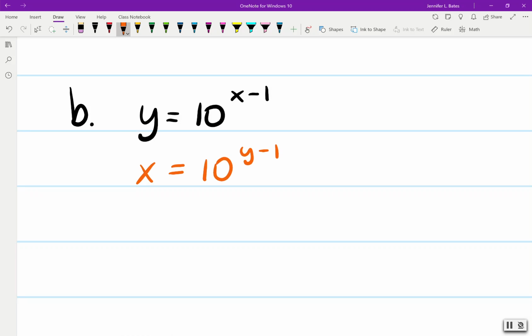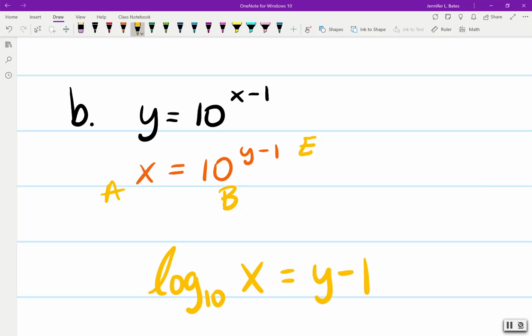Now I need to solve for y. The y is trapped as an exponent. Because it's trapped as an exponent, I'm going to have to change forms. In exponential form, I have a base raised to an exponent equal to an answer. So when I switch to a log, I'm just unscrambling this to be in the order BAE. So this is going to be log base 10 of x is equal to y minus 1.